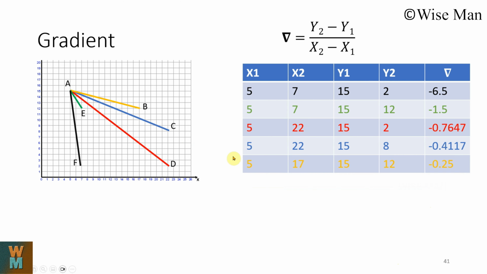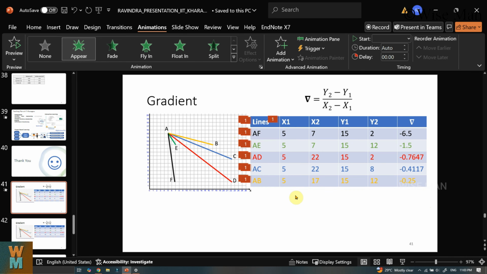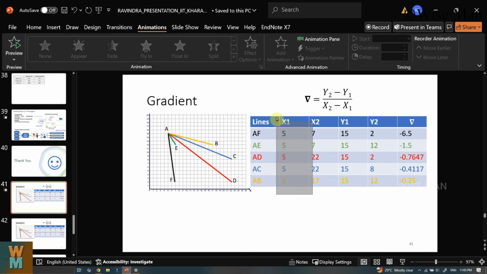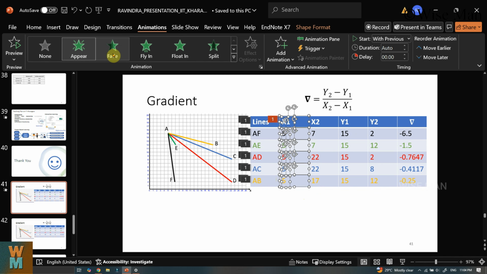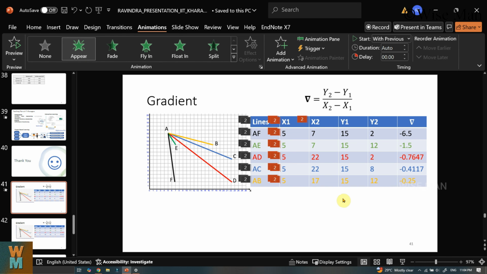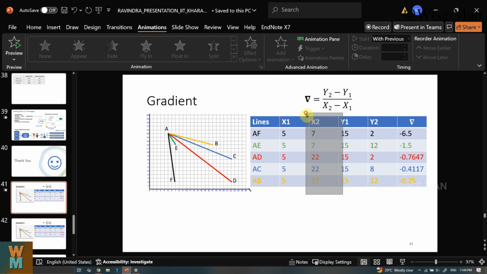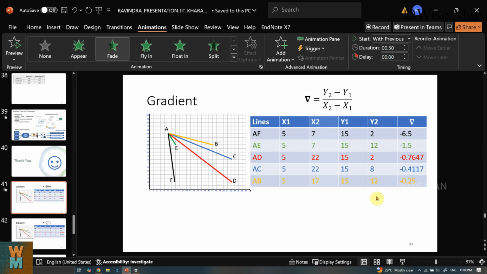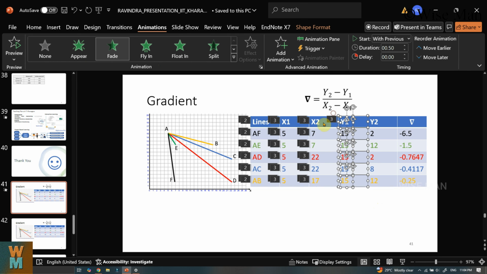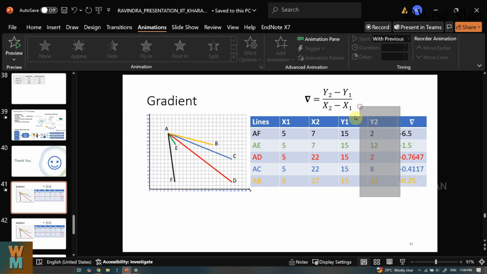This column is empty, it's not there, and now the column is appearing. In the same way, drag the mouse so that it selects the whole column and click on Appear or another animation style that you want. Like this you can try different styles and animate individual columns.